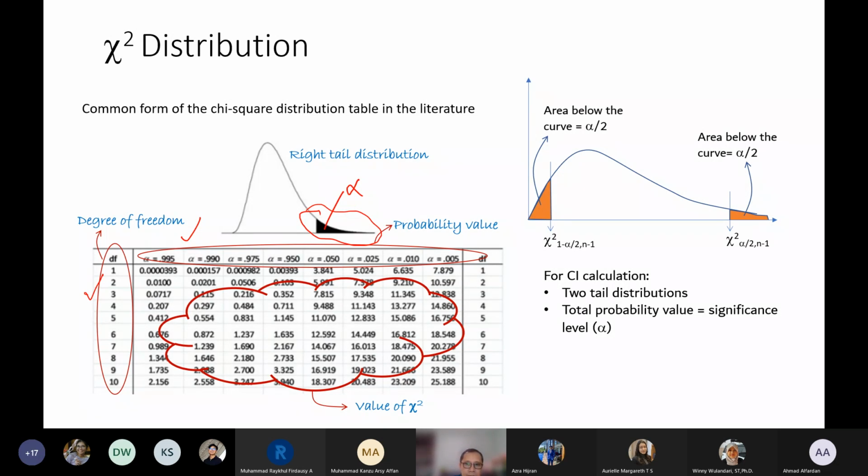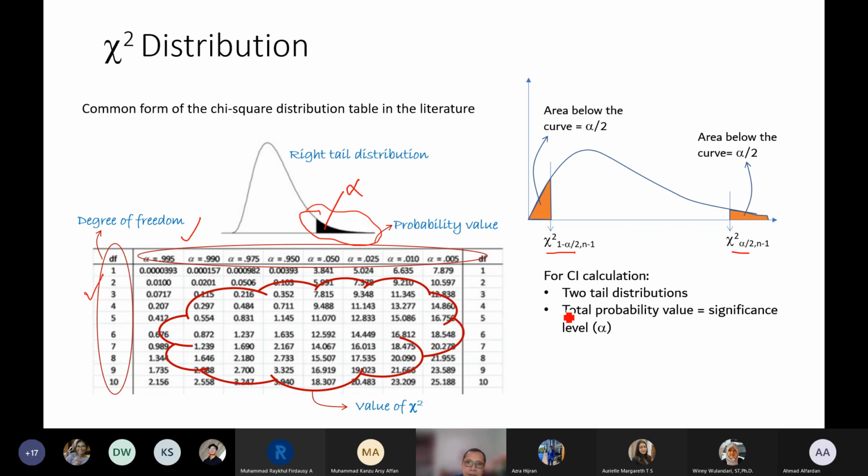And again, because in a confidence interval problem, you need to find a lower bound and an upper bound, then you need to find two values of chi-square: the chi-square associated with the lower bound, and the one associated with the upper bound.